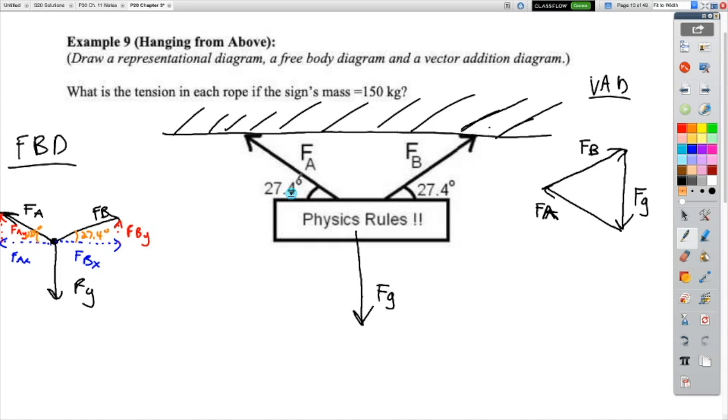So if we have the same angle that they're pulling at, and however hard A is pulling to the left, B must be pulling to the right, that means FA must be pulling just as hard as FB, right? They're pulling equally. Otherwise, when we did cos theta to get the x component, for example, we get a bigger number or a smaller number if the angle was the same and FA was different.